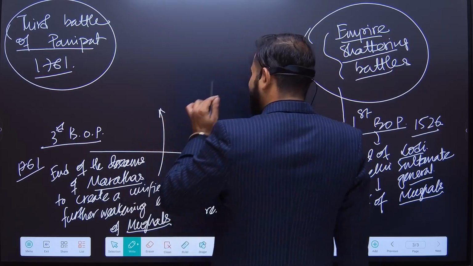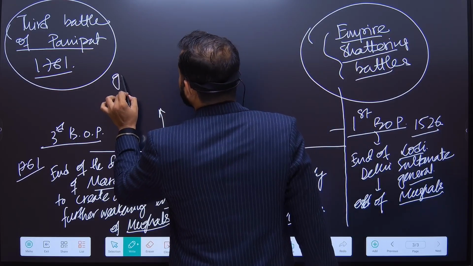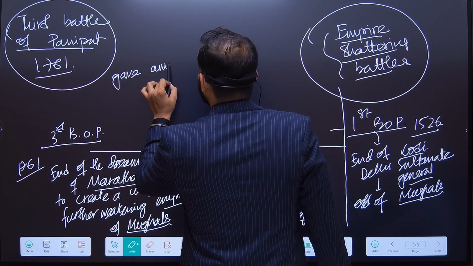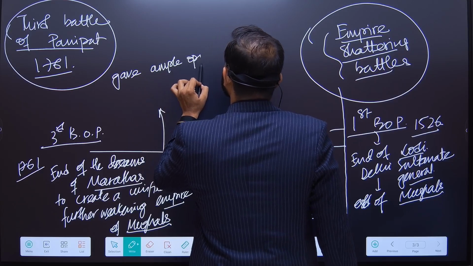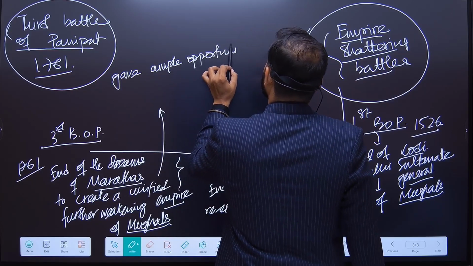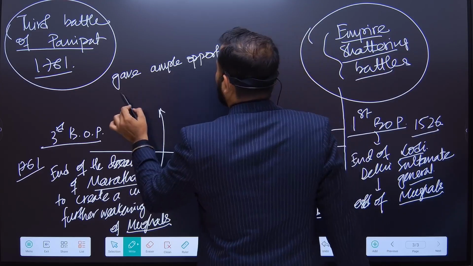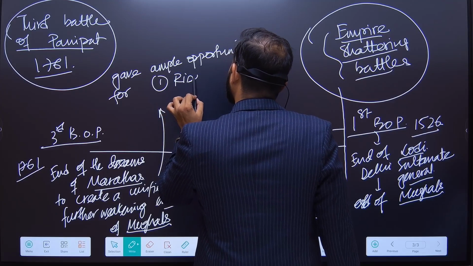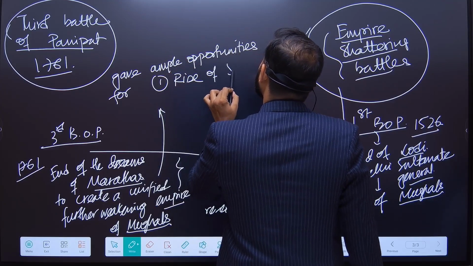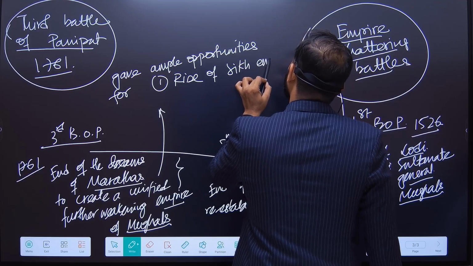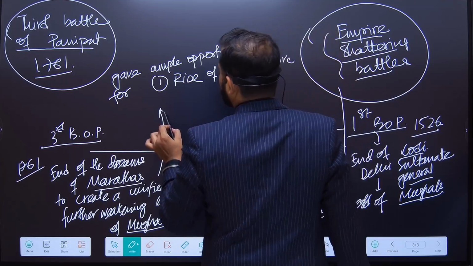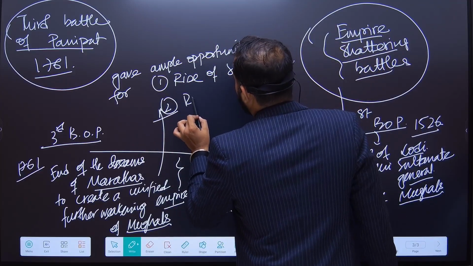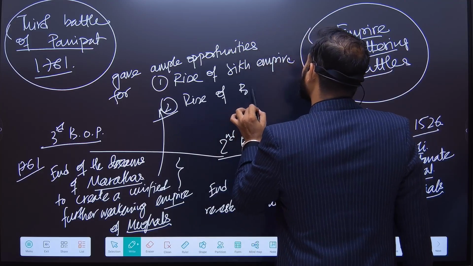And what did it lead to? It gave ample opportunities for, one, rise of Sikh empire in the northwest, then the rise of British.